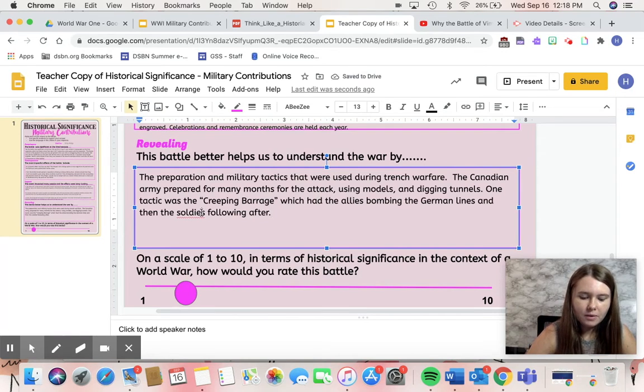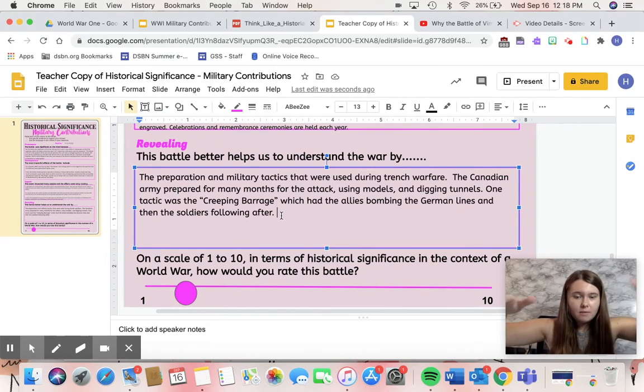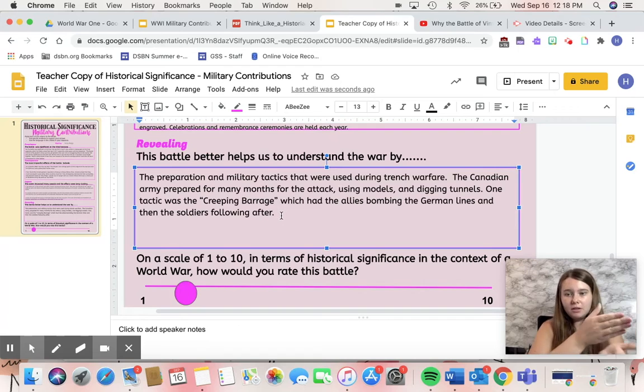And essentially what this meant was that they had to time everything perfectly. So they would release hundreds of bombs on the frontline trench, and then the Canadian soldiers would go in. And as they took trench by trench and section by section, the bombing would be ahead of them. So that's how it worked. So they would bomb one area, and then the soldiers would come in after. They'd bomb another area, and the soldiers would go after.